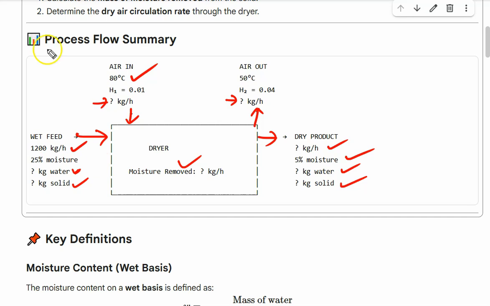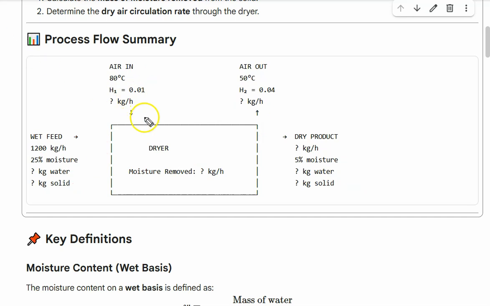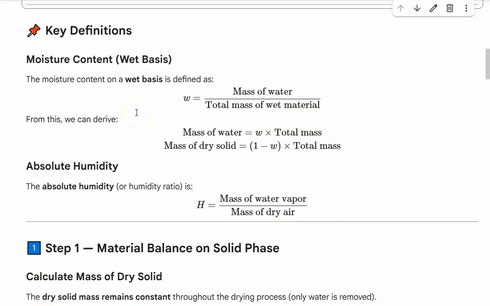Before solving this problem, first we have to define some keywords. Here is a key definition: moisture content on a wet basis is defined as W equals mass of water divided by total mass of wet material.